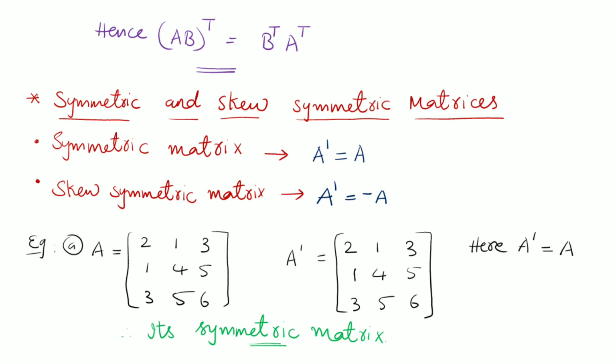After that you have to check whether the A matrix given in the question and A transpose have the same entries. If you see the screen, you can see that the entries of both matrices are equal. So here A dash is equal to A, it's a symmetric matrix.